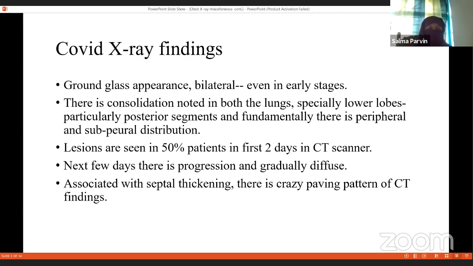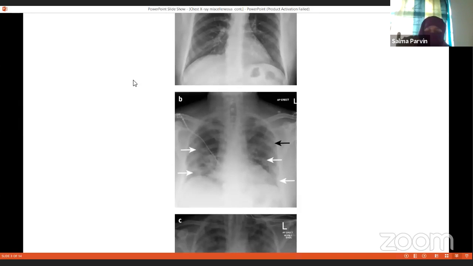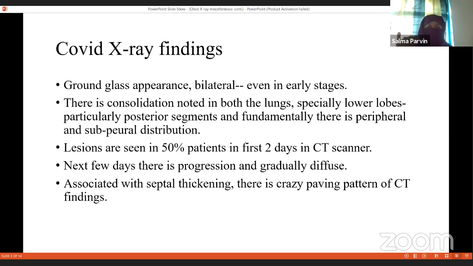The X-ray chest usually shows initially ground glass appearances, usually bilateral, even in early stages of presentation.